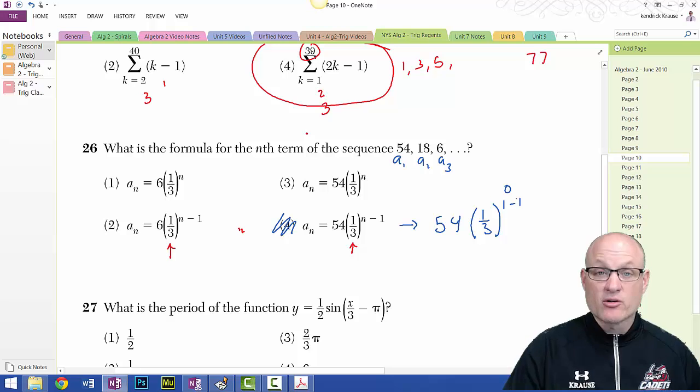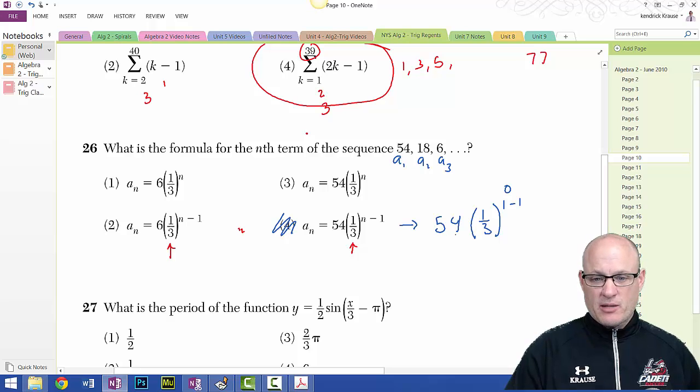Well, this gives me 0 as an exponent. And 0 as an exponent makes whatever it is you're raising to that 0 a 1. So this becomes 54 times 1, which is 54. If I did it over here, this would be 54 times 1/3 to the 1. And that would actually only give me 18. So it would not yield this as my first number. And because of that, it can't be the right answer.